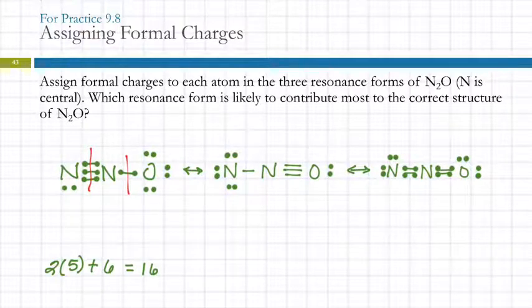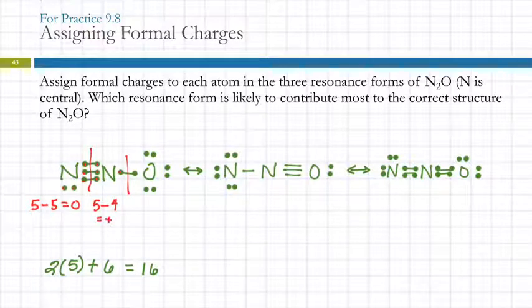So this first nitrogen always brings 5 electrons, and how many does it leave with? 5, right? 1, 2, 3, 4, 5. 5 minus 5, 0. Okay, the nitrogen in the middle, he brought 5, and he leaves with 1, 2, 3, 4.